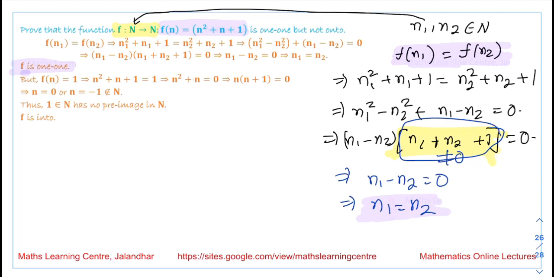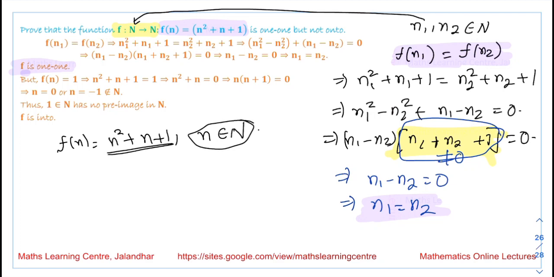Now we have to prove that it is not an onto function. So if we look at the value of this function, f(n) is equal to n square plus n plus 1, and n is a natural number. Now if we look at this function, n square is always a positive number, and n is always a positive number.